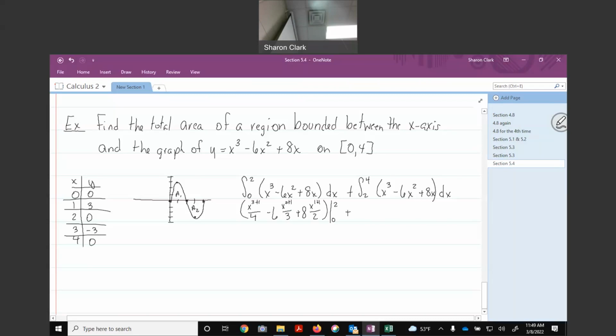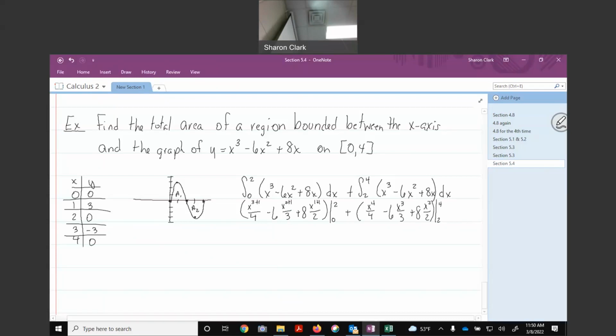And then we're going to have the same thing, x to the 4th over 4 minus 6 times x to the 3rd over 3 plus 8 times x to the 2nd over 2, from 2 to 4.